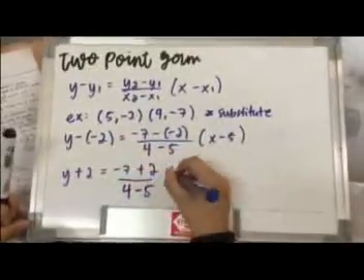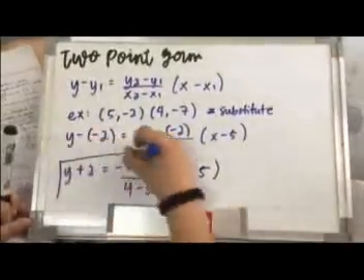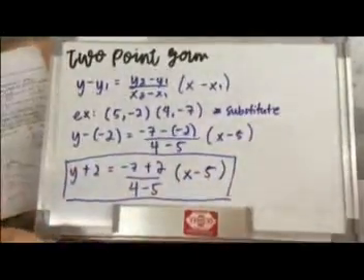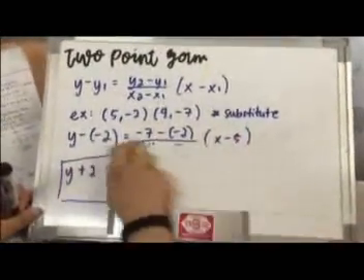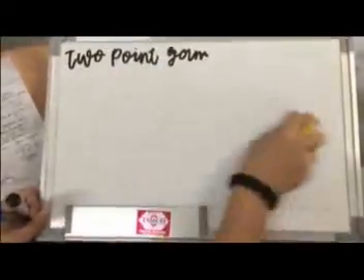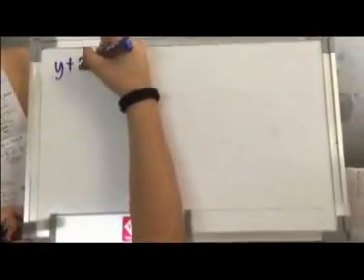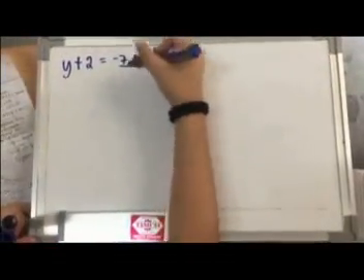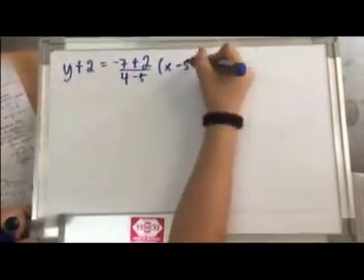For example, the points 5 and negative 2, and 4 and negative 7. Let's substitute the points. Y minus negative 2 equals negative 7 minus negative 2 over 4 minus 5 times x minus 5.